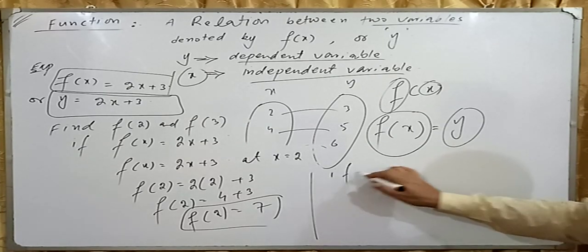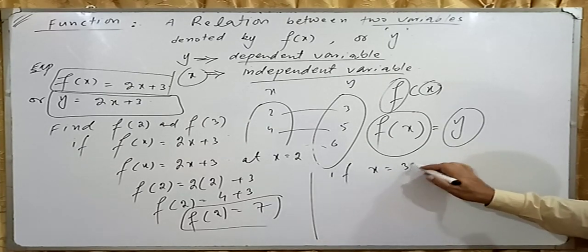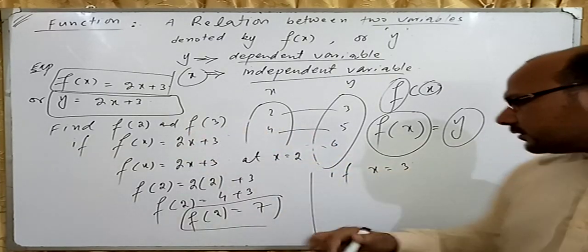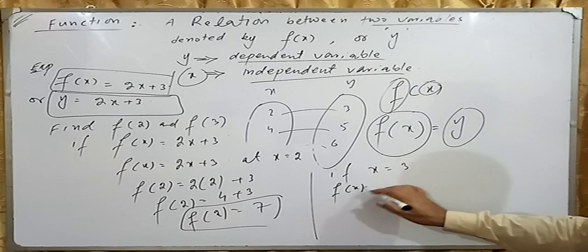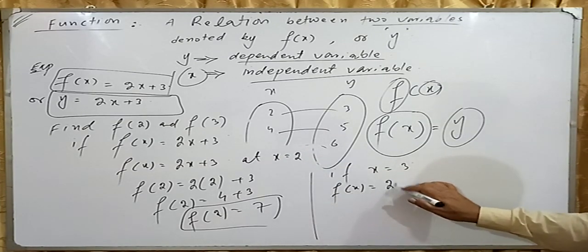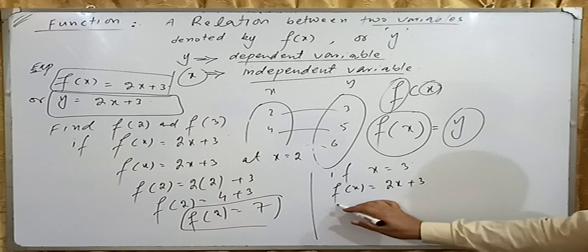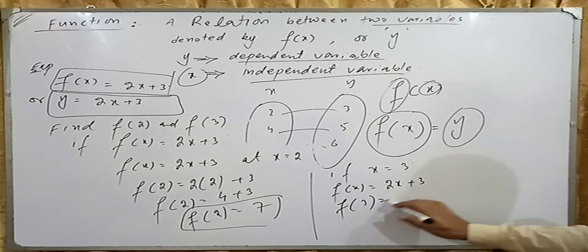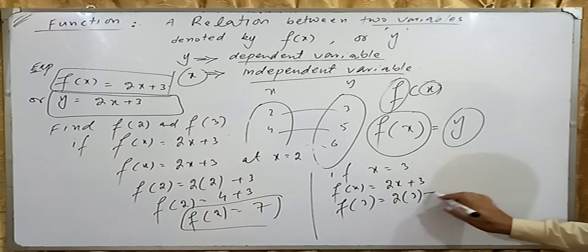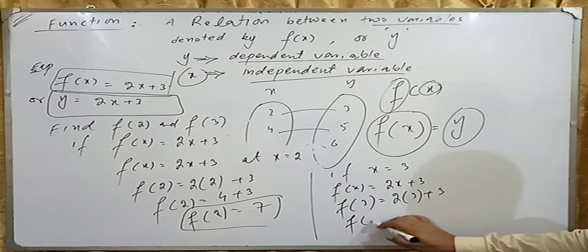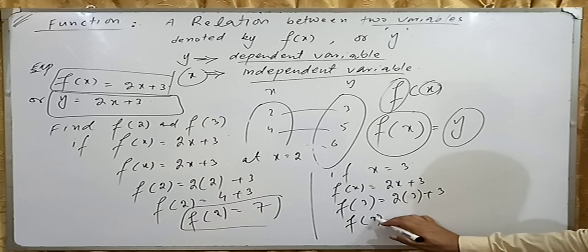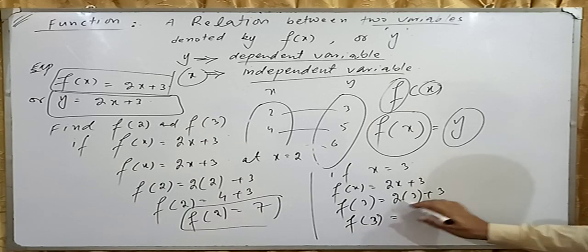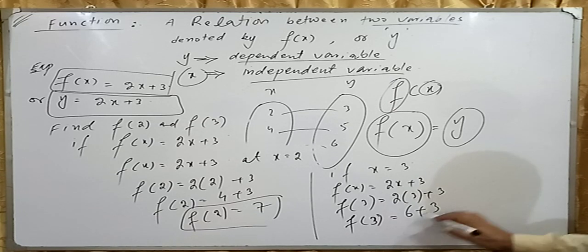And if x is equal to 3, suppose, f of x is equal to 2x plus 3. So f of 3 is equal to 2 into 3 plus 3. F of 3 is equal to 2 threes are 6 plus 3.